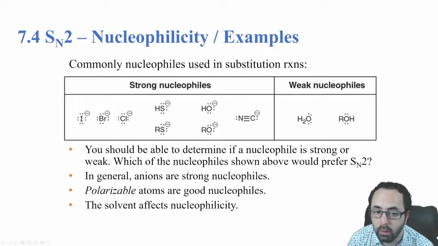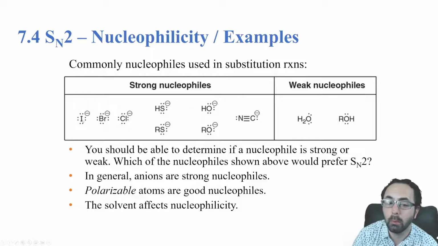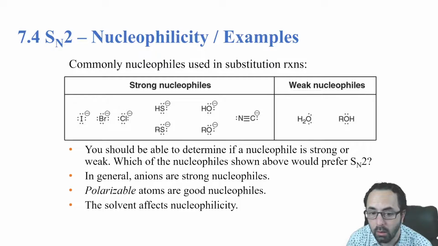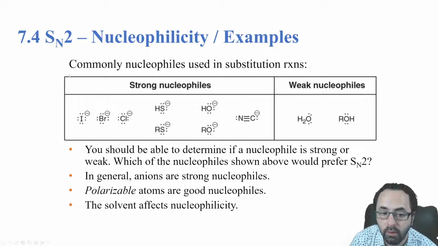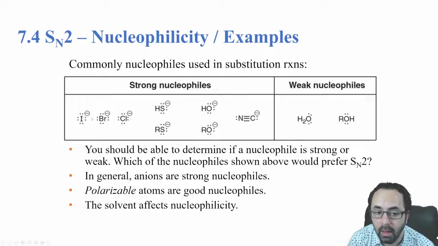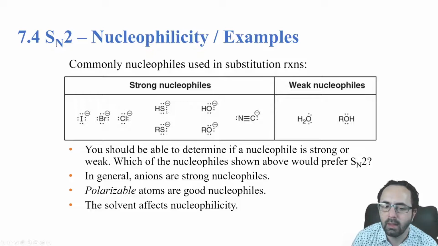When it comes to strong nucleophiles, we also want them to not have too tight of a grip on their electrons. We want those electrons to be able to be donated, right? So the strongest of the nucleophiles here are going to be on the left. They have a negative charge, but that negative charge isn't too tightly bound on the iodine, so it can be given away to make a bond here. And then sulfur here has a little bit weaker of a grip than the oxygen here. So we have a small tight negative charge, but also that negative charge is easily given up, right?